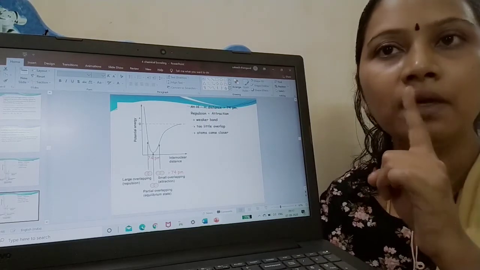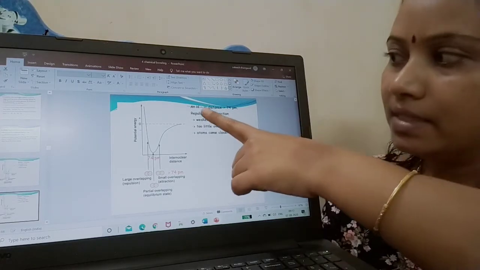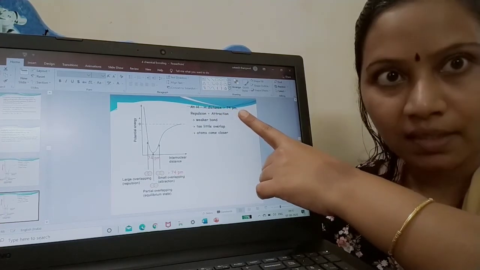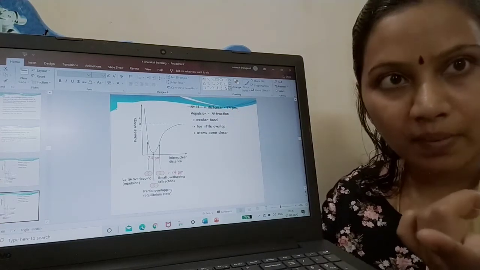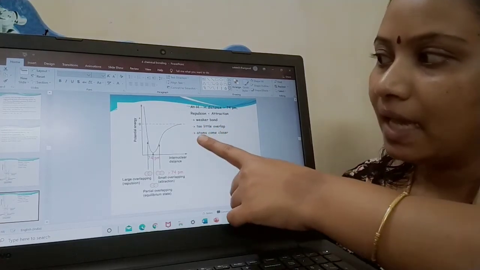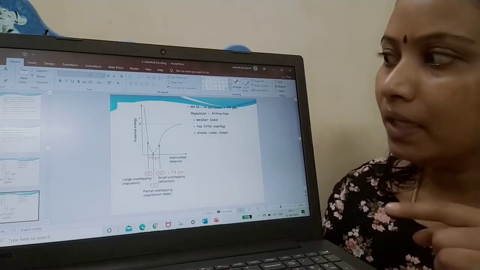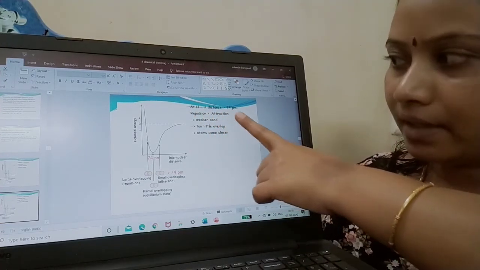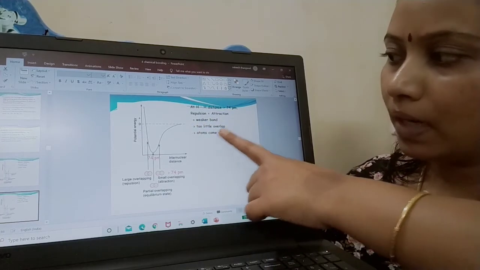When the H-H distance is greater than 74 picometer, the attractive force predominates, the bond is weaker, there is little overlapping, and atoms come closer. Repulsion is less than attraction, so a weaker bond, too little overlap, atoms come closer.